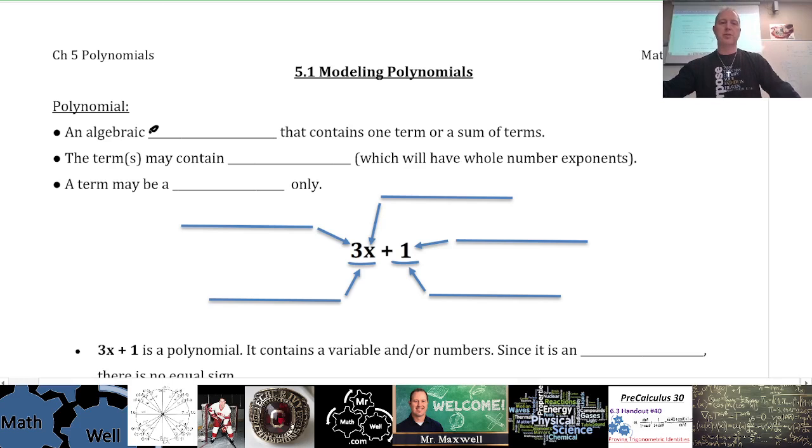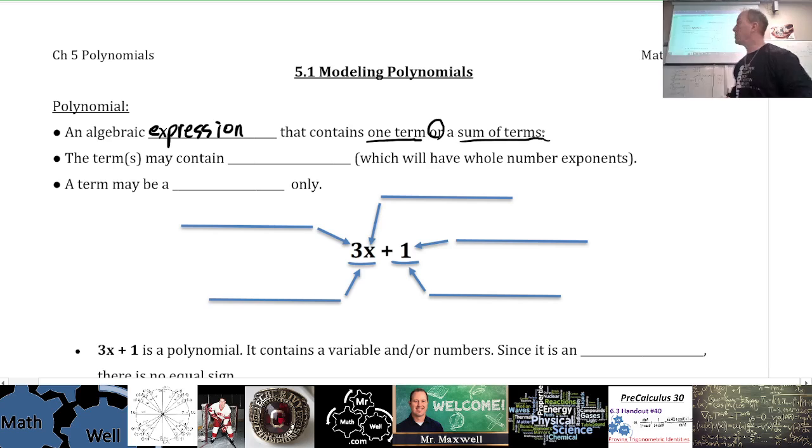You should have a pencil or a pen, pencil preferably, and you're going to write down expression that contains one term or a sum of terms. Okay? So in math, an expression is just a collection or a sum of individual terms. It can be one or more.